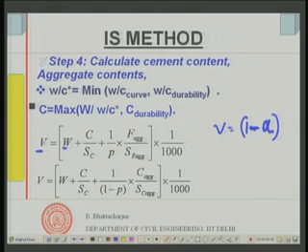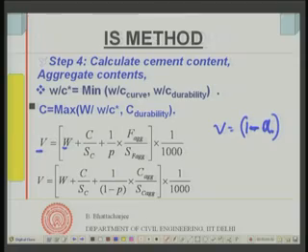Now, if W is the mass of water in kg per meter cube, the density of water is 1000 kg per meter cube. So, W divided by 1000 is the volume occupied by water in 1 meter cube of the overall concrete.